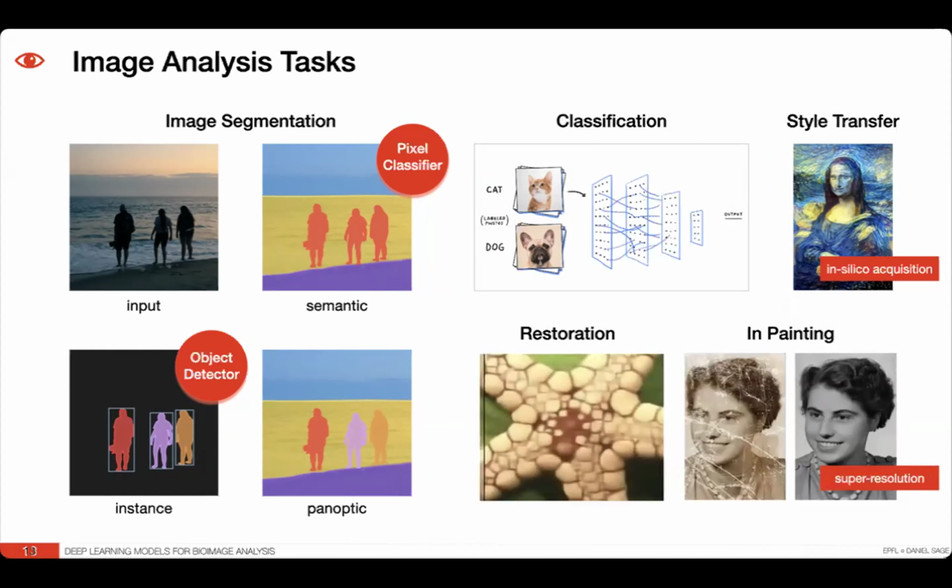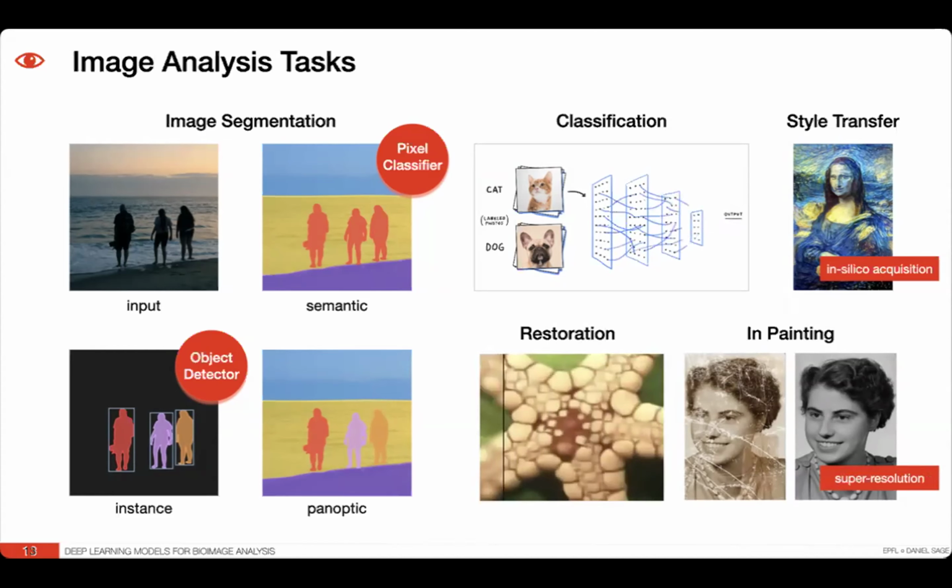Restoration, obviously, is mostly an image processing operation. You can improve the quality of the image by denoising and deconvolution. That's also very useful, obviously, to detect the object.